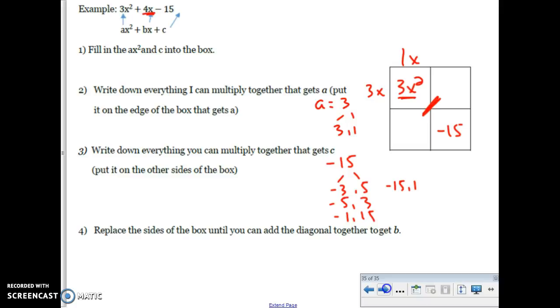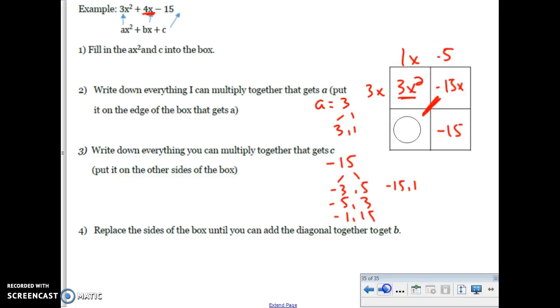If I put a 3 here and a 5 here, what happens? I get a 15x, and then I get a 3x. Is there anything I can do? If I make this negative and that negative, I would get positive 12x. That's not it. If I make that positive and this negative, I would get negative 12x. So that doesn't work.